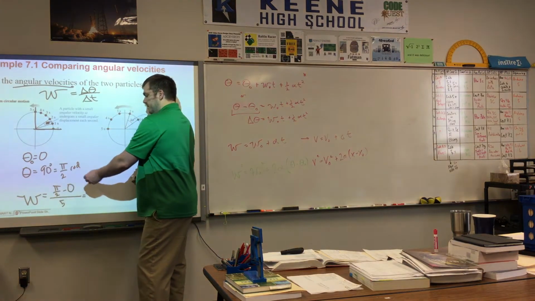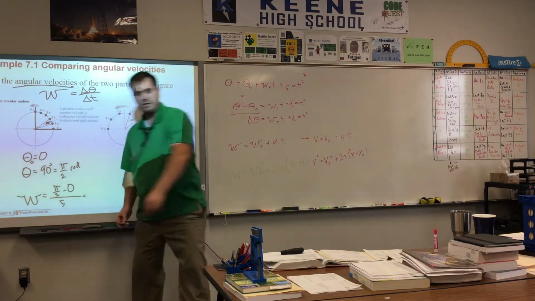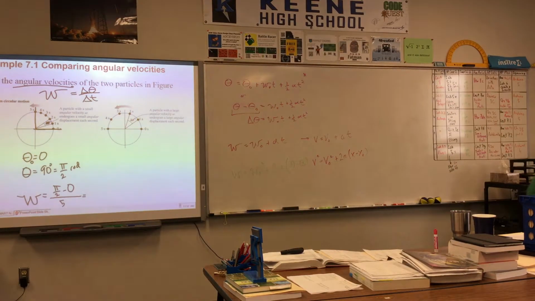All right, pi over 2 divided by 5, and then as a table, start working on this one. Should take you about 30 seconds. Did you put your calculator in radians?